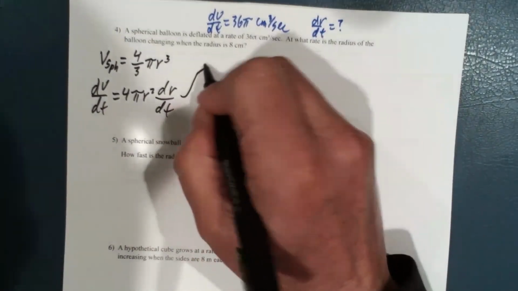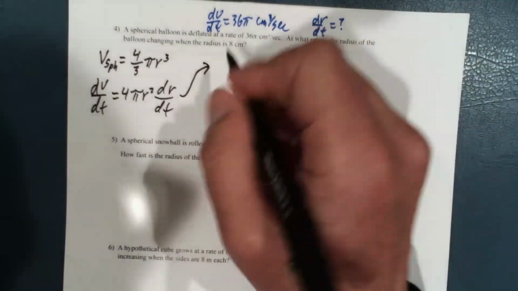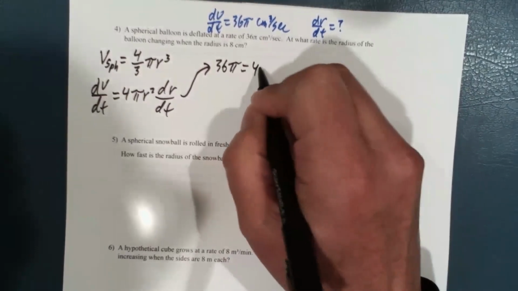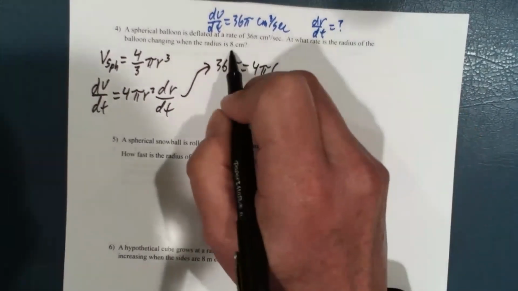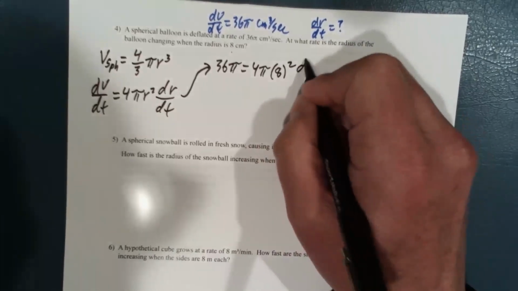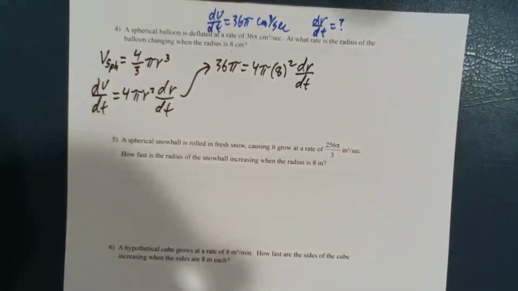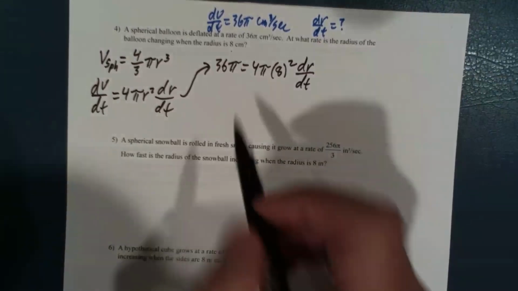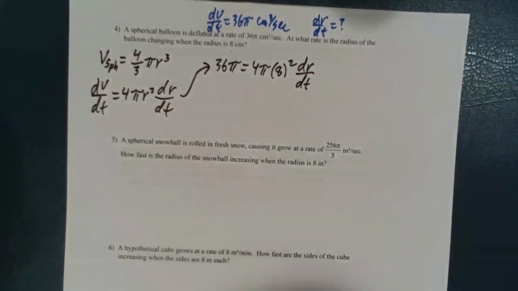Let's put this up here. dV/dt is 36 pi. 4 times pi, r in this case is 8 squared. And then dr/dt is what we are solving for. I'm going to first of all notice that the pi's right away divide out, so I'm not going to deal with the pi anymore.